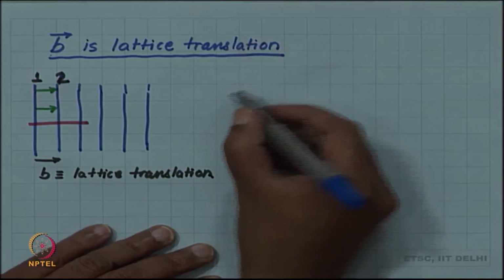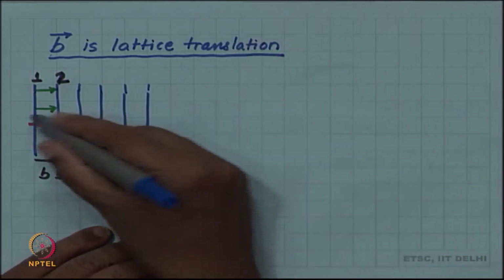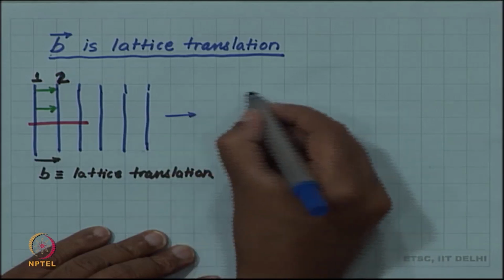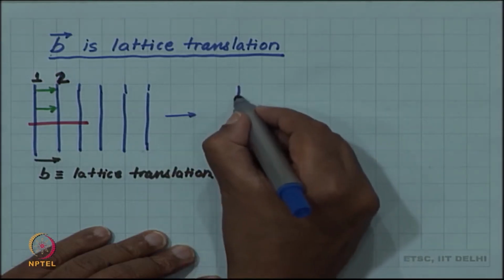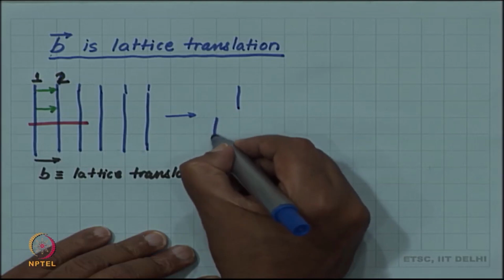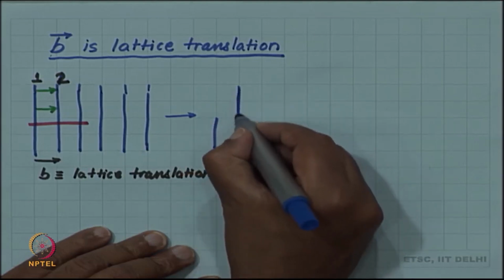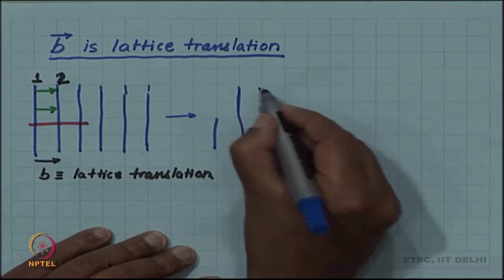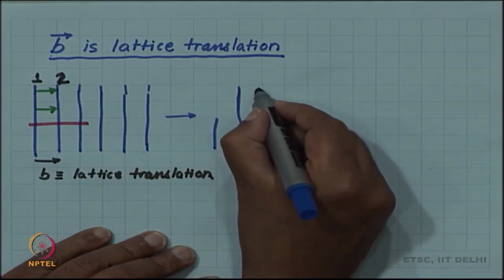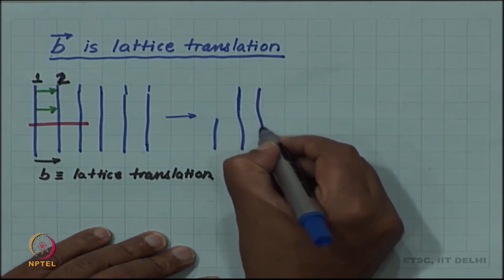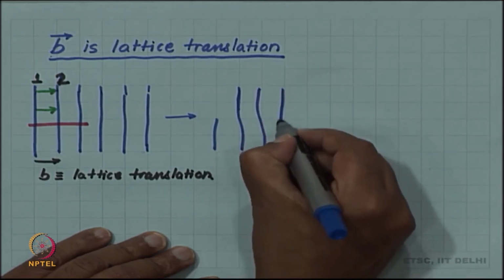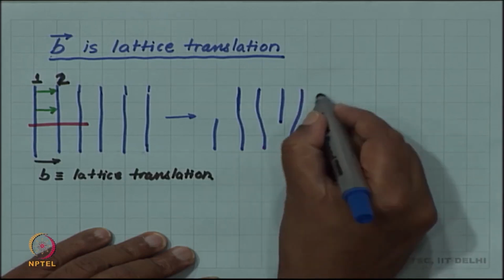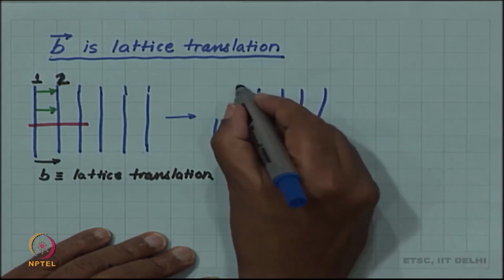If we create a dislocation line by this process, what we get is that there is a hanging plane from this side: the first plane joins the second plane, the second plane joins the third plane, and the third remains hanging, and then you have the fourth and fifth plane.